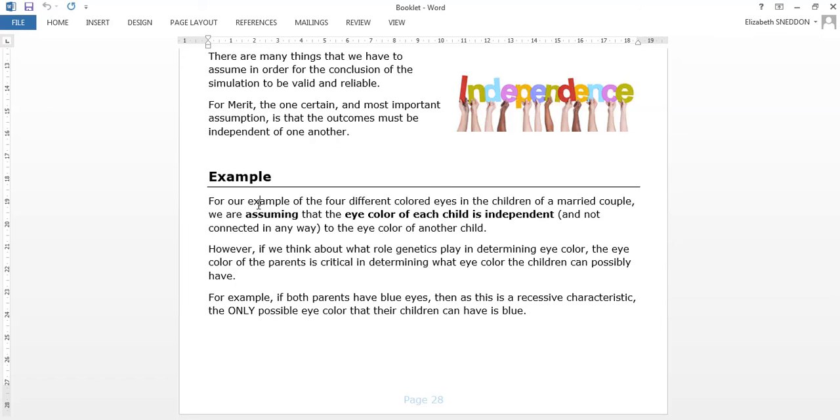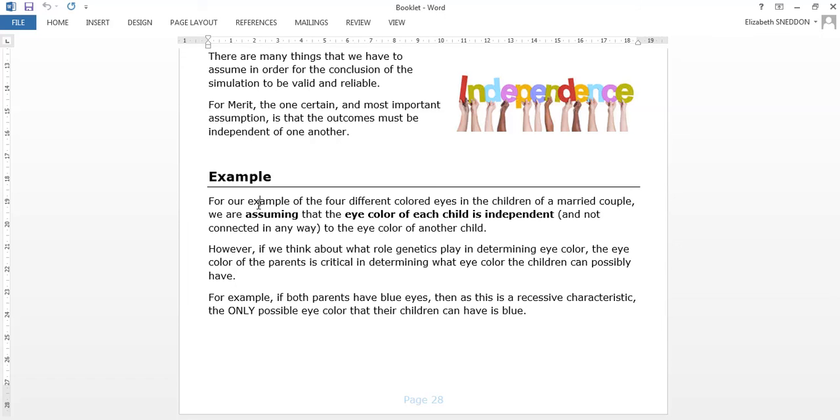If the parent doesn't have the genetic code for grey eyes, then the children will not be able to have grey eyes. So in this example, we can't assume that the independence is okay. So we would actually have to say that the independence in this one, which we're assuming, is not okay.